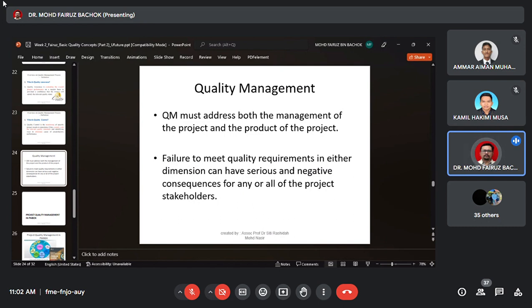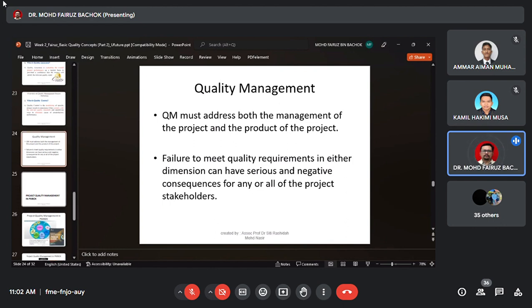We have discussed before that a failure in our quality will lead to many consequences. That's why it needs to be avoided, and we must meet the quality requirements that have been set in the certification. So it also indirectly affects the stakeholders.